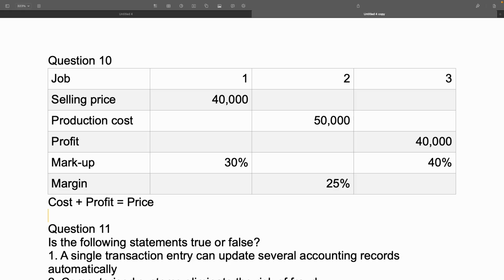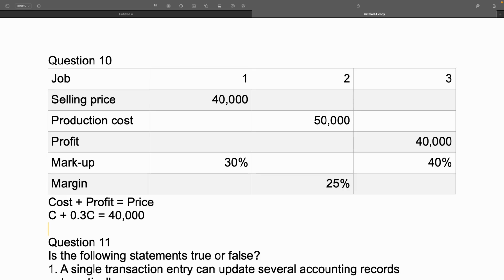In this case, the profit is based on costs, 0.3. So it's going to be C plus 0.3C equals 40,000. Therefore, C equals 40,000 divided by 1.3.